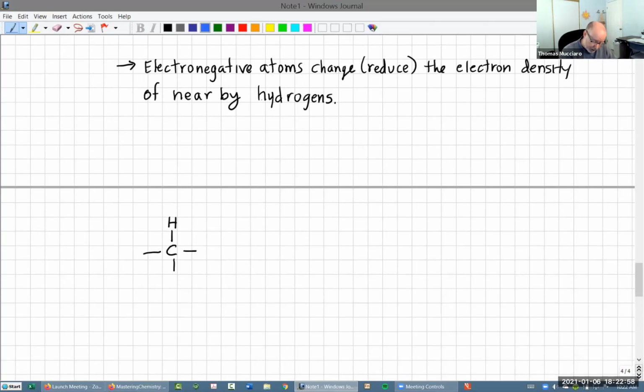I'm going to represent the cloud of electrons with a circle like that, and I'm going to color it in. This is what I've talked to you about: in organic chemistry, I think it's often more useful to think of electrons as a cloud rather than a particle.